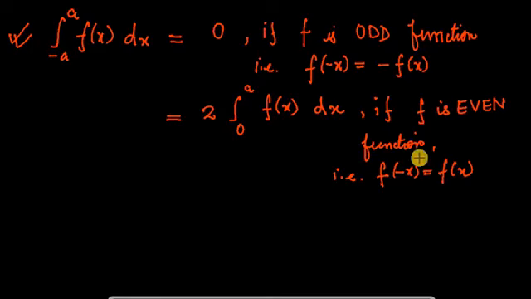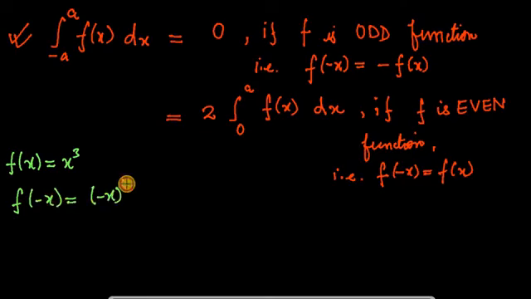Now first of all, let us see a few examples of even functions and odd functions. As for example, if a function f(x) is equal to x cube, now if I replace this x by minus x, then on the right hand side also this x will be replaced by minus x. So if I put minus x in place of x, this is equal to minus x whole cube.